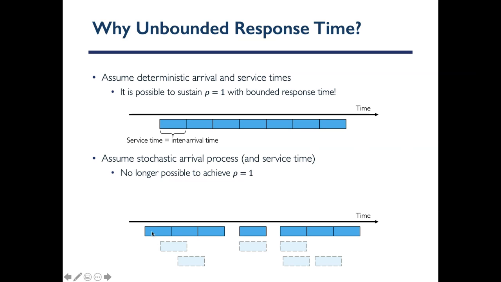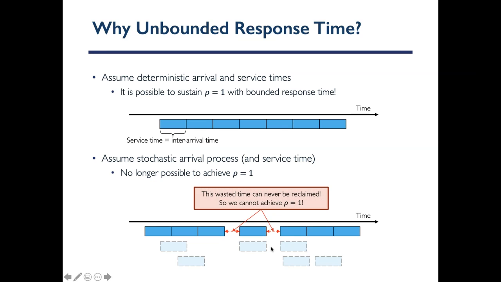Let's say you have been processing the first one, and these faded rectangles are arrivals. So the second arrival comes here, the third arrival comes here, and then the fourth arrival comes here. And then you have this period of time here, because it was random, right, that your server is not utilized. And then let's say the fifth arrival comes here, again, sometime here that your system is not utilized.